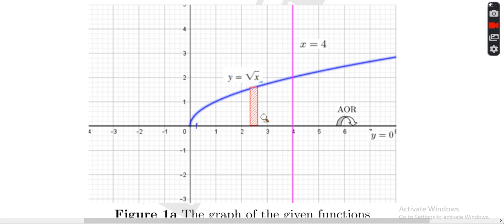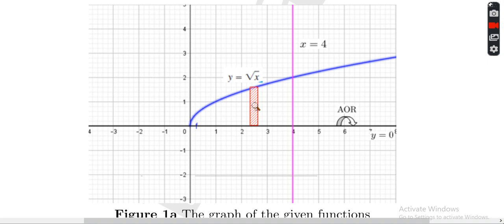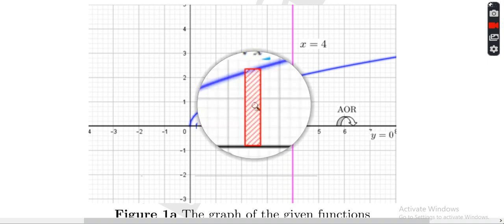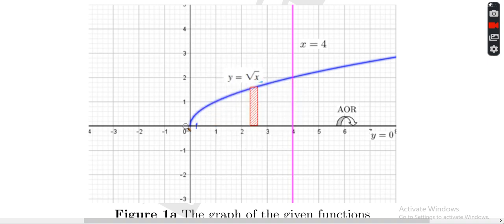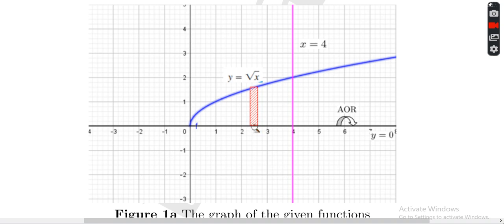Para magamit ang disk method, magmamatter kasi yung rectangular strip dun sa region. Kung ang rectangular strip ay perpendicular dun sa axis of revolution at naka-attach dun sa axis of revolution, masosolve using disk method.